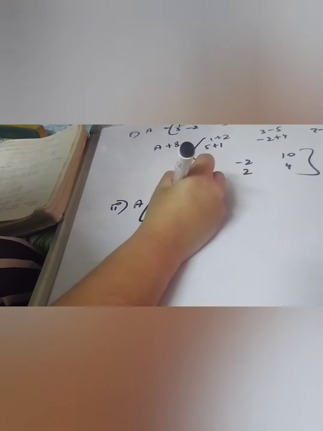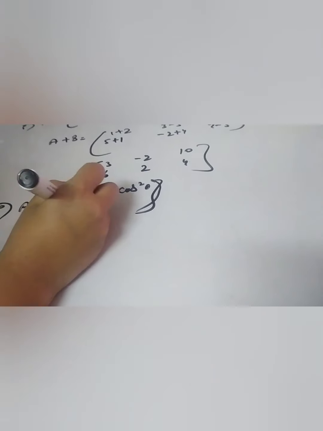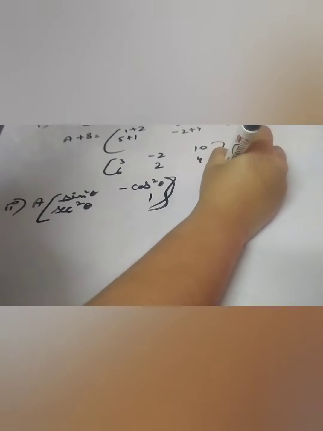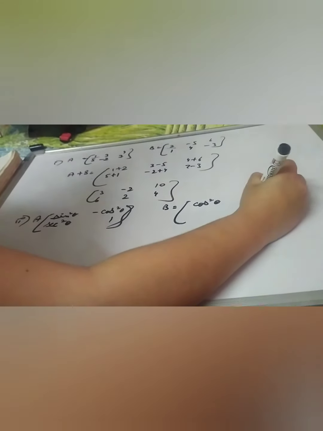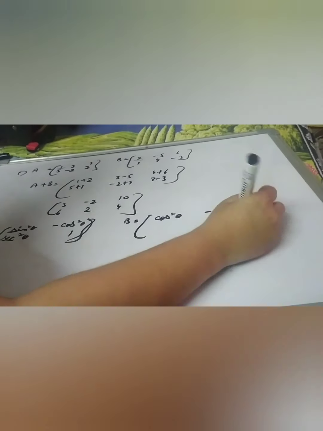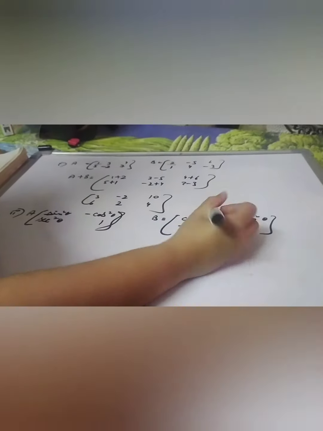Second one: A equals [sin square theta, minus cos square theta; secant square theta, 1]. B equals [cos square theta, minus sin square theta; minus tan square theta, 0].